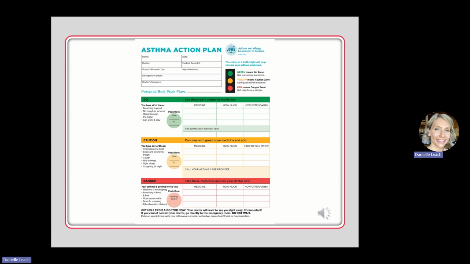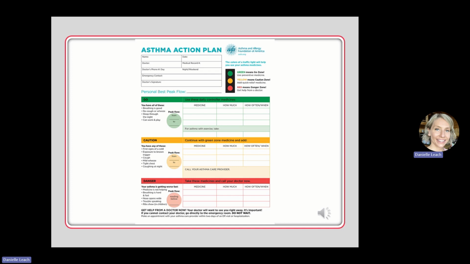The red zone then is the danger zone. They might have other specific medications or a nebulizer or whatever it may be, but they also need to, at the bare minimum, call their doctor, if not go to an urgent care or an ER immediately.